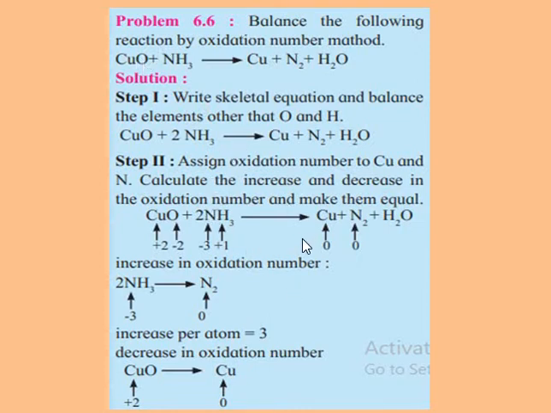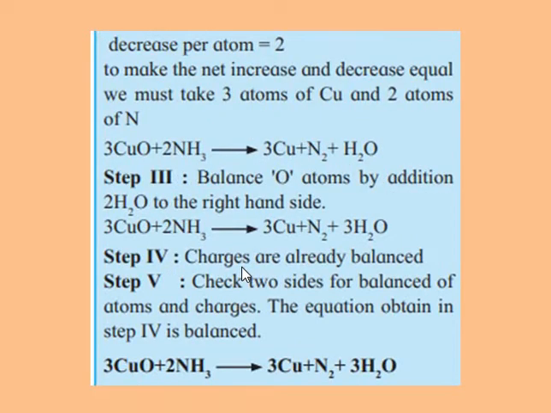Take this as homework and solve it; it is very easy, with easy steps involved. Solve carefully and study these reactions, how to balance chemical equations by the oxidation number method.